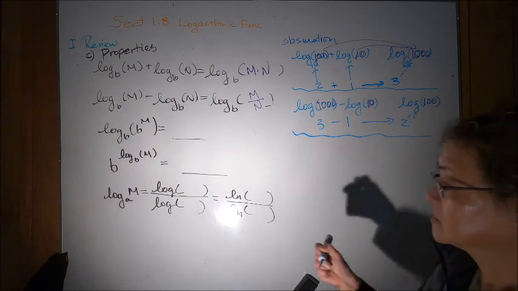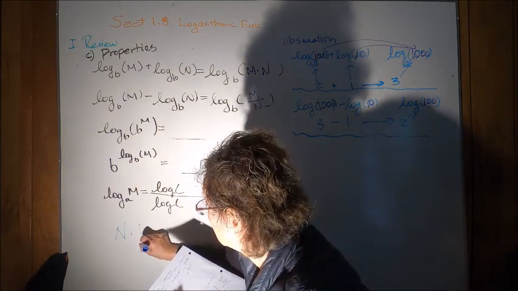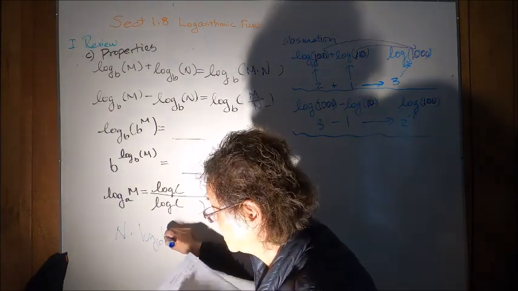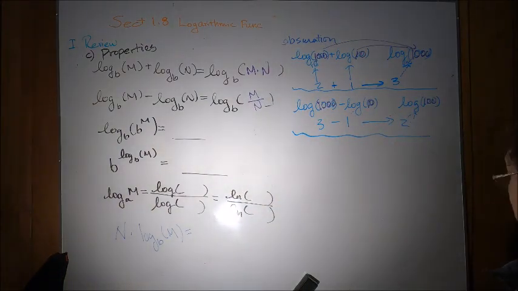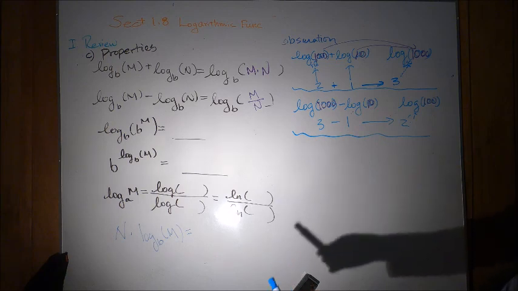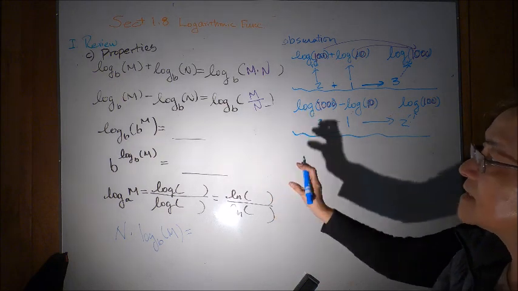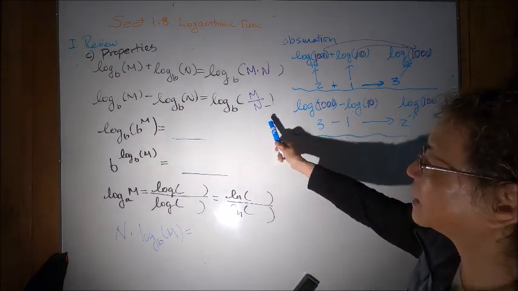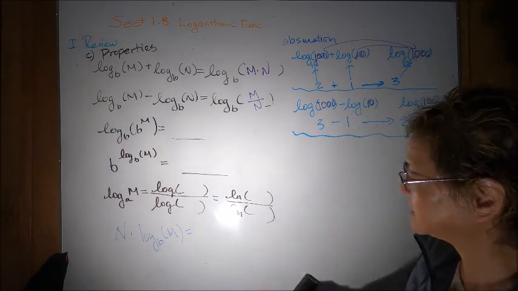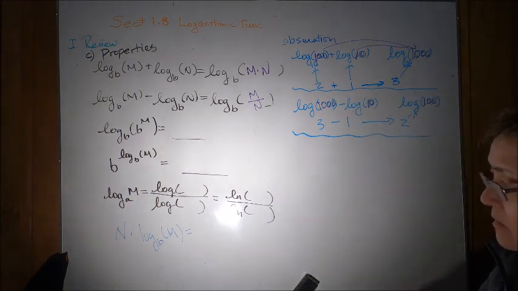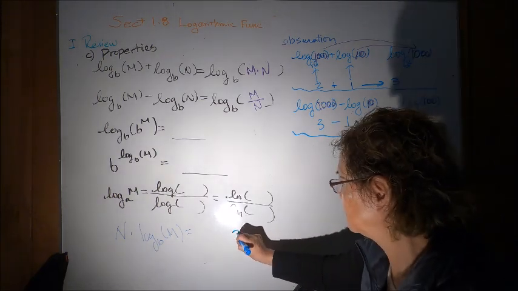If I have n times log base b of x, then something is outside the log, but we want to simplify, to become one log with everything inside with a base. Let's see some examples.